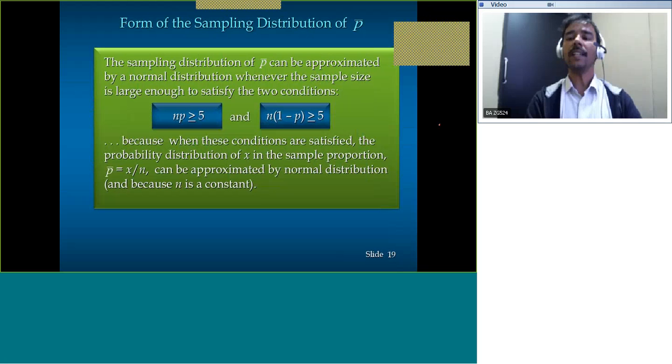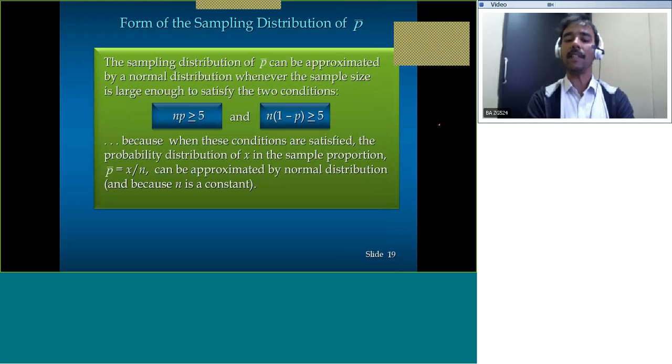Then one can ask, in the proportions case, what is a large population, what is a small population. So that's why I'm writing here, the sampling distribution of P bar can be approximated by a normal distribution when the sample size is large enough. So when can we say that a sample size is large enough?